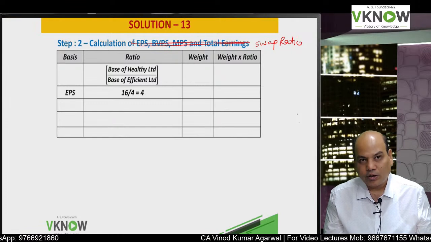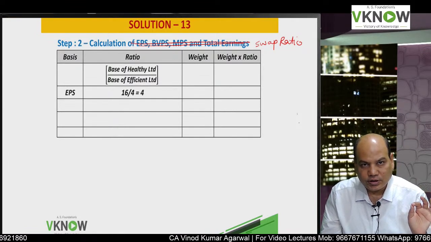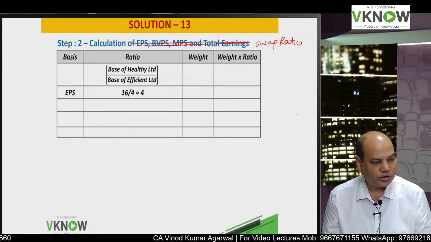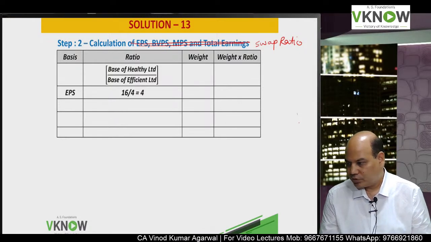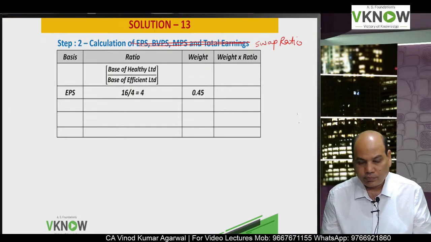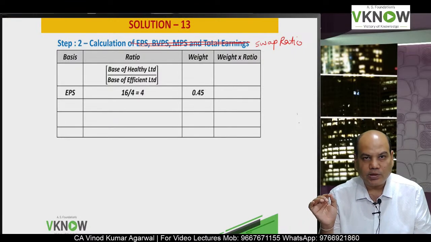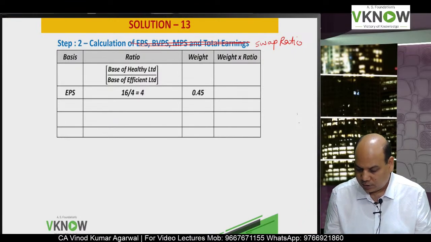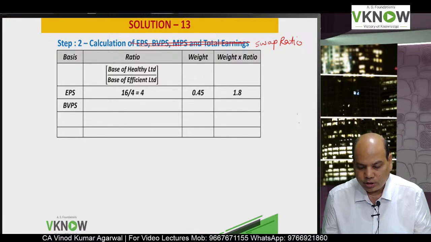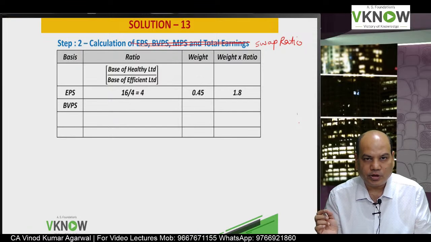So going by EPS, the share exchange ratio will be 16 divided by 4, which is equal to 4. The weightage to EPS is 45%, so I will write 0.45 and then multiply. It comes to 1.8.